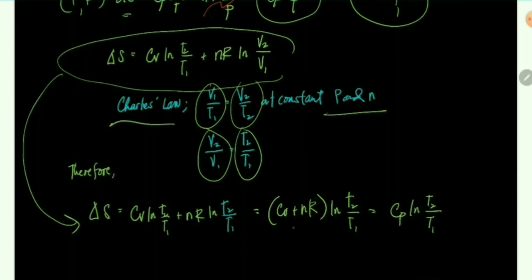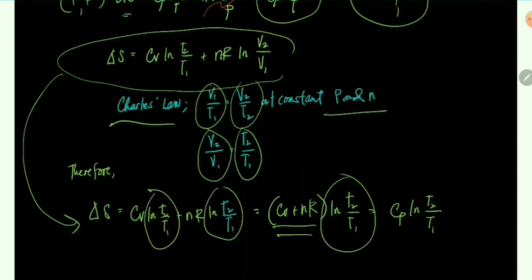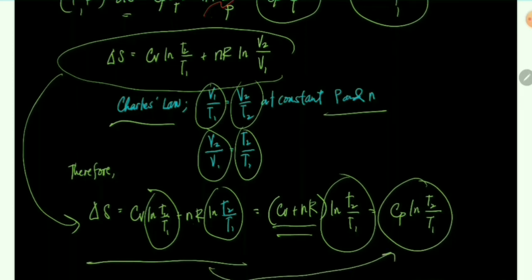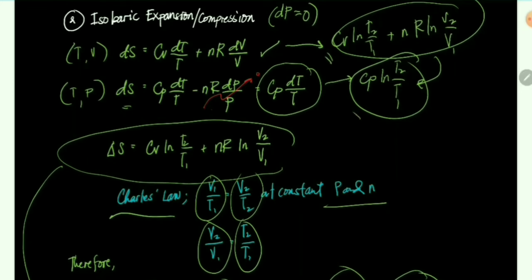So, therefore, this is Cv plus nR ln T2 over T1 kasi pwede nating i-separate itong terms na to. So, therefore, this equation is just equal to Cp ln T2 over T1. Okay? So, therefore, equal lang to tsaka ito. So, you can just use Cp ln T2 over T1 sa delta S ng processes at constant pressure.